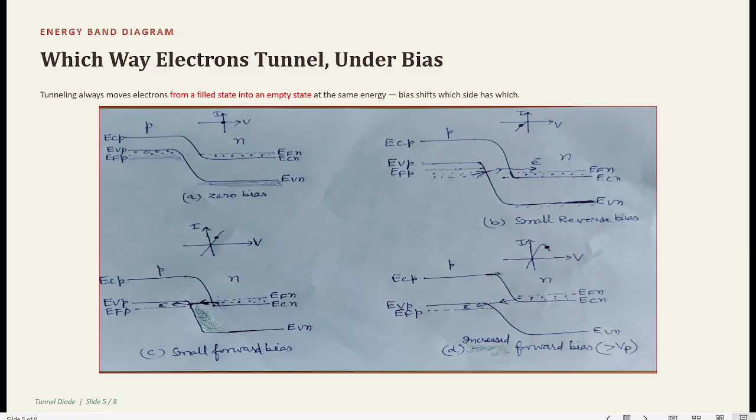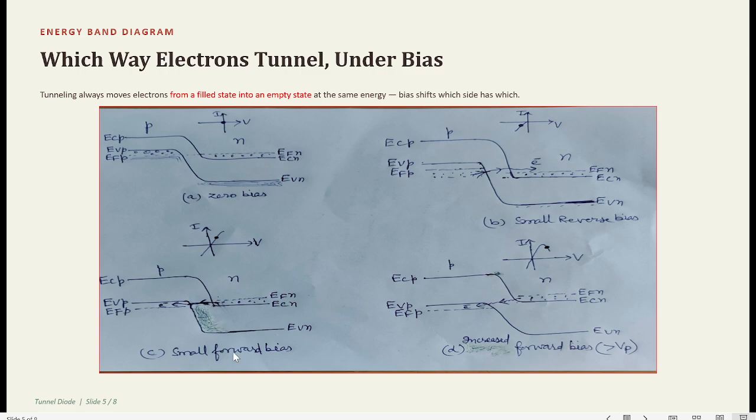So the electron tunneling is shown from P side to N side, and this tunneling is significant at small reverse bias values. Because of that, we will observe a sharp increase in reverse current as we increase the reverse bias in small steps.